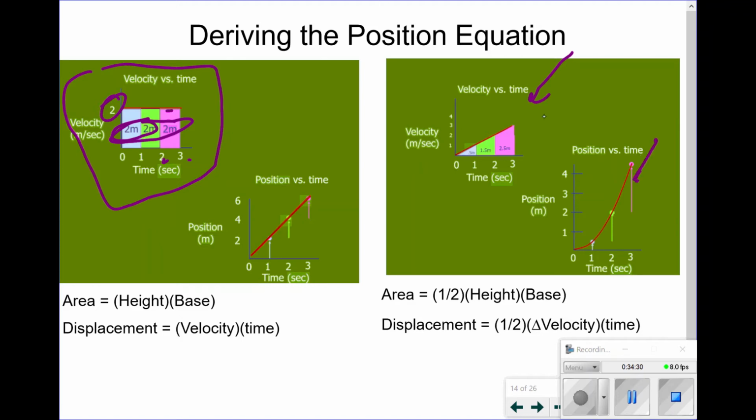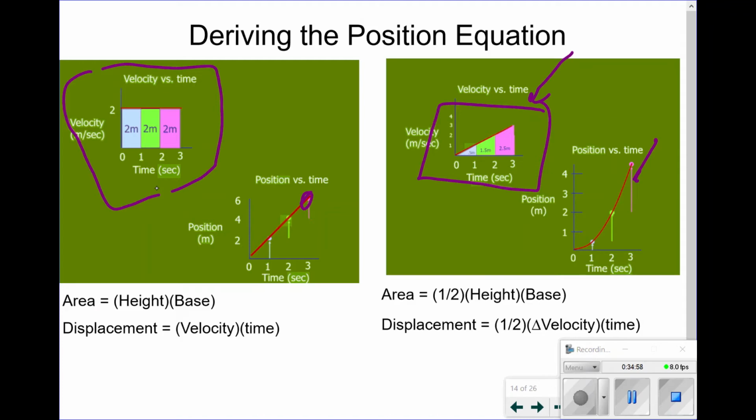But this parabola comes from the total area of this graph, just like the position here comes from the total area of this graph. So if I had to derive an equation to find the position of an object based on its velocity as it travels, I'd have to base that off of the area of the graph.